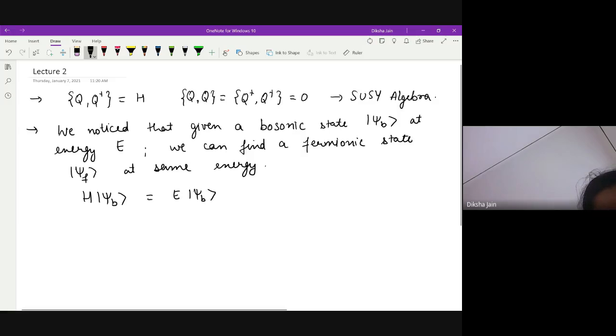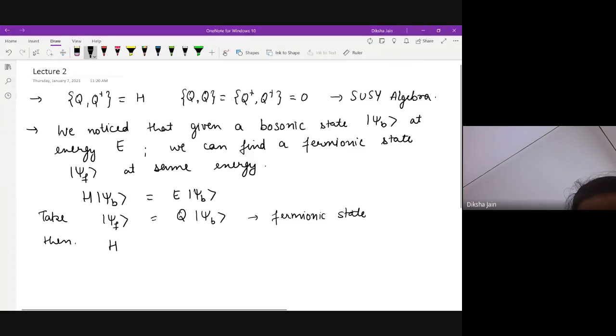Now if I take another state, taking psi fermion as Q times psi boson, because when Q acts on psi boson, it will give me a fermionic state. So this is my fermionic state. Now if H acts on this Q times psi boson, what will we get?